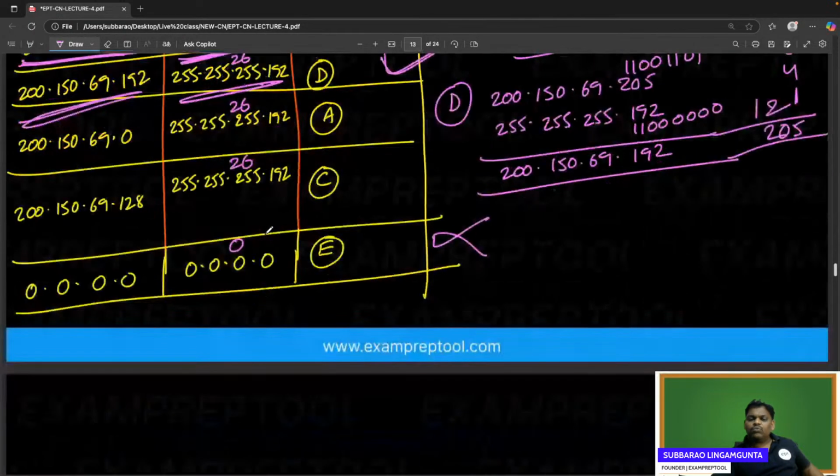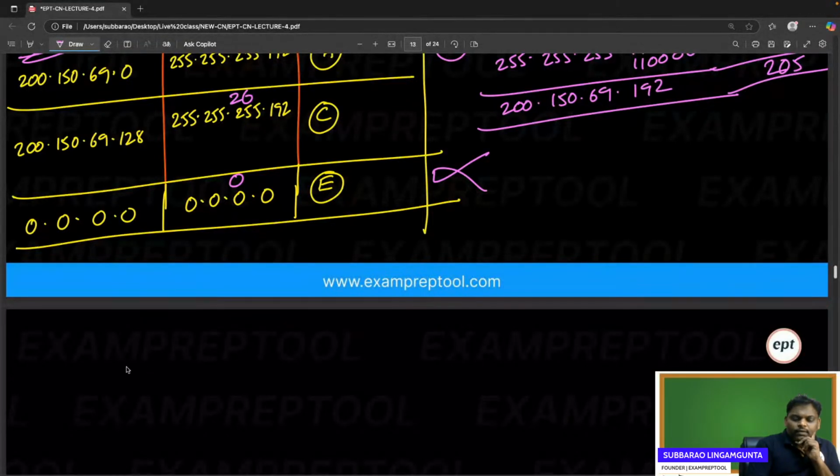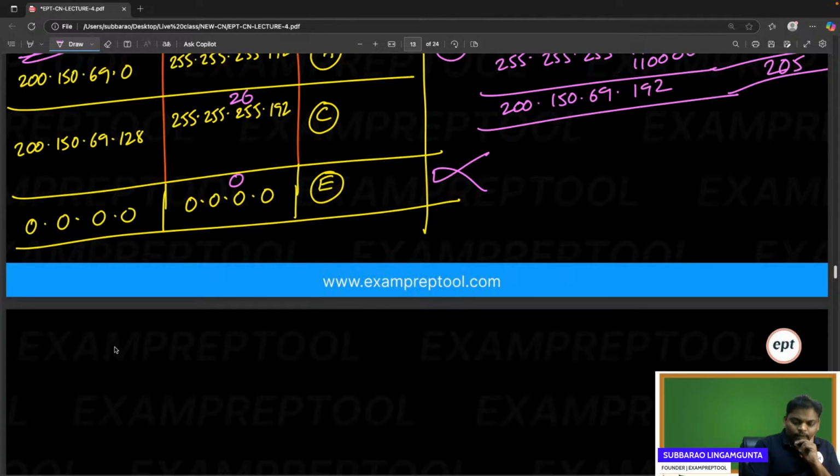Now I just want answer from all of you. Very interesting. Can you help me? See the answer, everyone. 255, 255, 255, 192. It is a subnet mask.